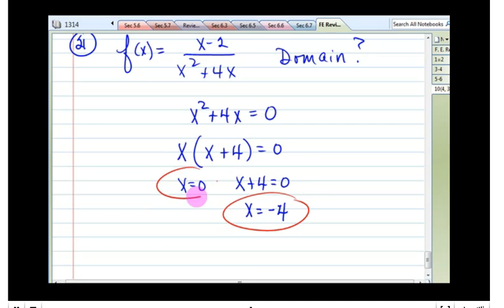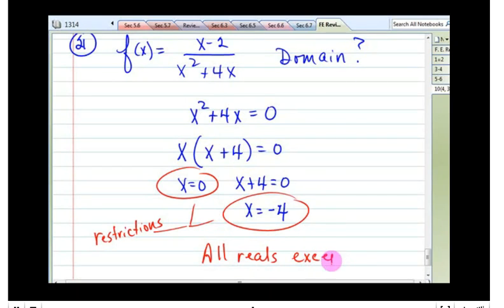Those are our restrictions. That's not the answer. That's what x can't be. So, all reals except x not equal to 0 or -4, something like that. As long as you know what it means, you'll be able to pick out your answer in the multiple choice.